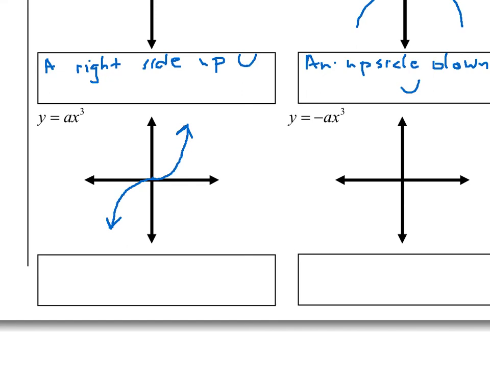And how is it different than the negative ax cubed? How do we know the difference? It goes the other way. This one goes up, so this is a slide or an S that ends up. So it ends positively.